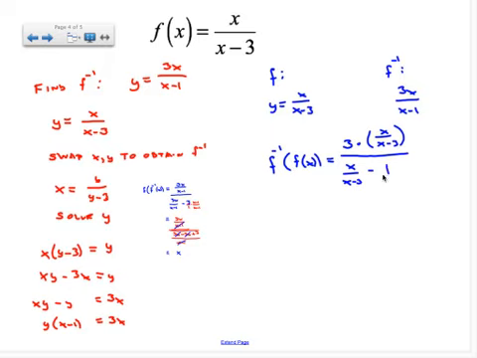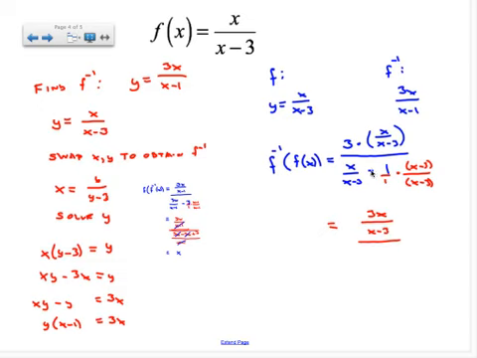Again, we're going to need a common denominator down here. So we're going to get x minus 3 over x minus 3. Our numerator is going to be 3x over x minus 3.